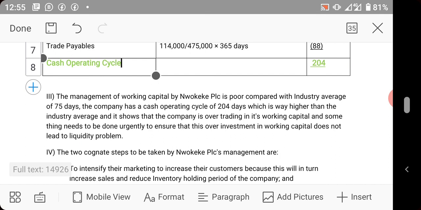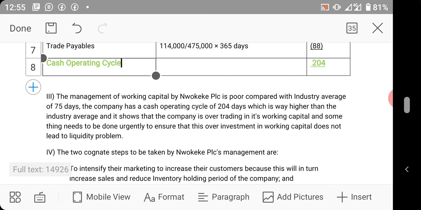The company has a cash operating cycle of 204 days, which is way higher than the industry average, and it shows that the company is overtrading in its working capital, and something needs to be done urgently to ensure that this over-investment in working capital doesn't lead to liquidity problems in the future.